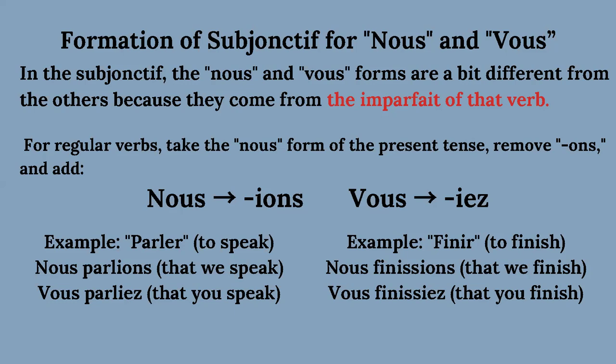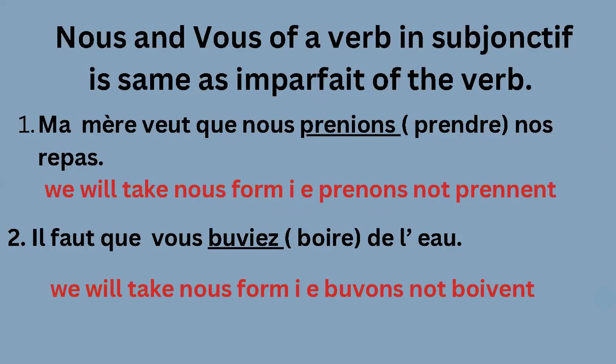So the subjunctive of a verb is similar to the imparfait of that particular verb, only in the nous and vous form. For all the rest of the subject pronouns, we follow the rule which we just discussed. Let's see more deeply into this.